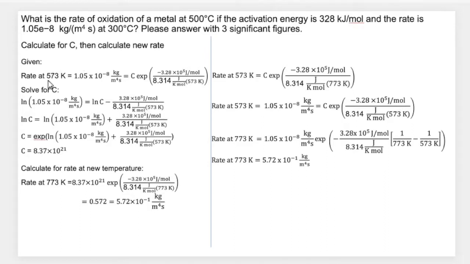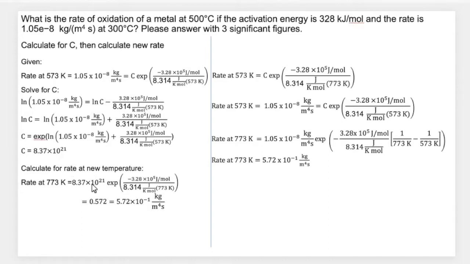So here you can see that the rate at 300 degrees Celsius, 573 Kelvin, is 1.05 times 10 to the minus 8 equals the pre-exponential factor, and then e to the minus 3.28 times 10 to the 5 over the gas constant, 8.314 joules per Kelvin moles times 573 Kelvin. And when you solve for C, you get C is 8.37 times 10 to the 21.